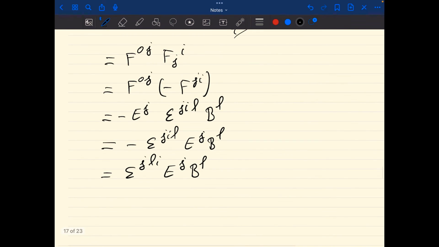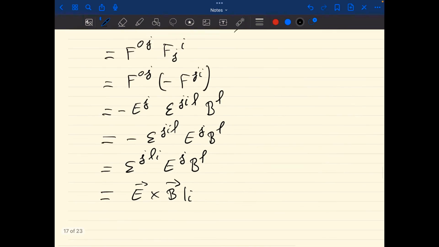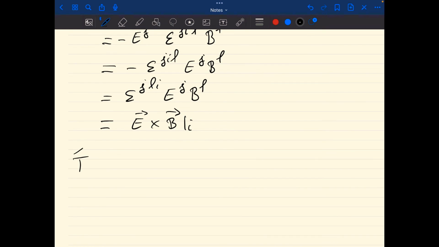And that is the i-th component of the cross product of E and B. So that's T^{0i} as a vector, let's say, is what we call in classical electromagnetism the Poynting vector.